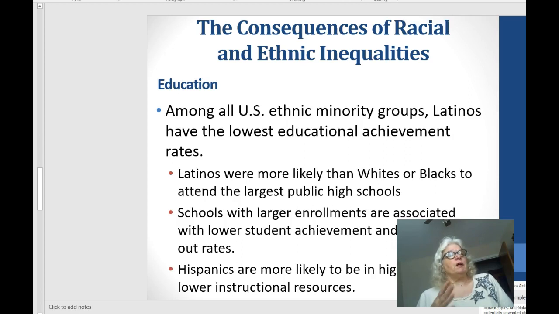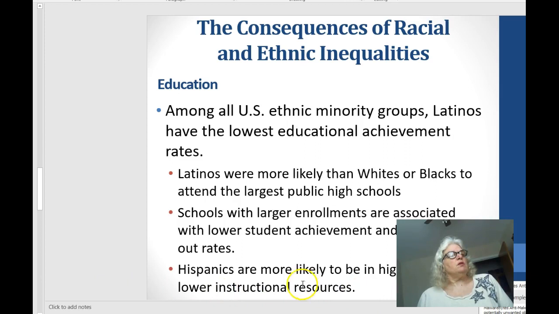So education. Among all U.S. minority groups, Latinos have the lowest educational achievement. They are more likely than whites or blacks to attend the largest public high schools, which are associated with lower student achievement and higher dropout rates.